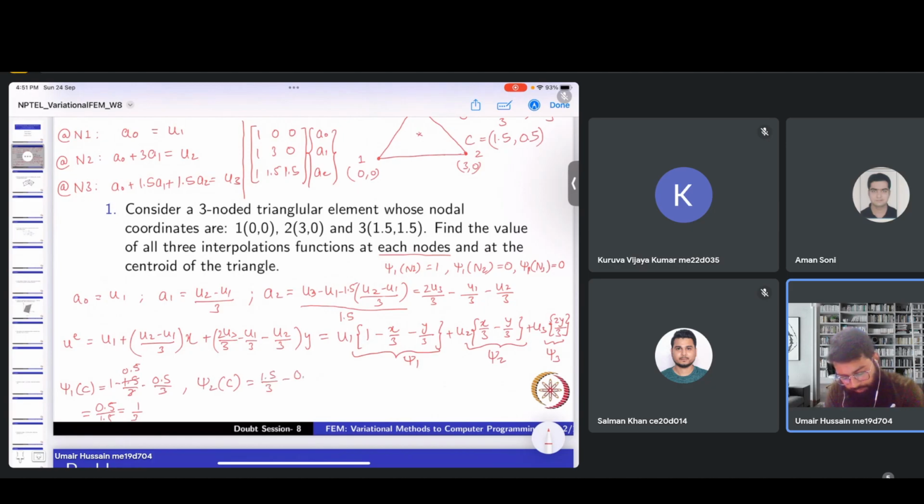Psi 2 is 0.5 by 3 minus 0.5 by 3, this is 1 by 3 again. Psi 3 is 2 by 3 into 0.5, this again is going to be 1 by 3. Okay, now this makes more sense. All three are equal at the centroid. That's why it was fishy last time. They were not equal.